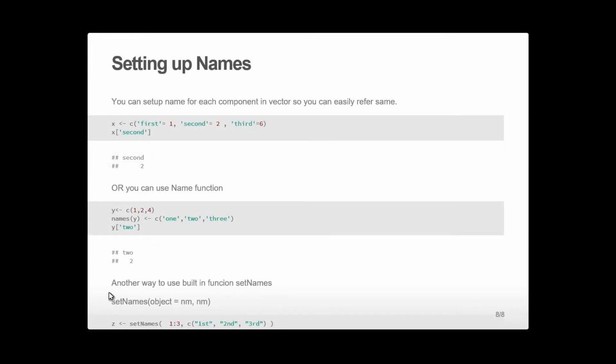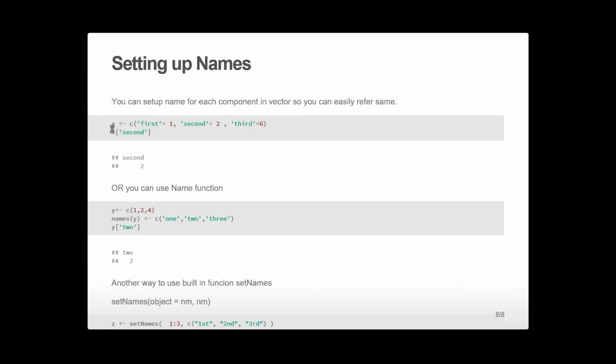Now, lastly, we will try to see one of the important concepts, which is setting up the names. Each member of your vector can be represented by names. This is very useful whenever you have different random values and you want to store some values with a particular tag. Okay, you can use this function. So there are three ways by which you can create named vectors.